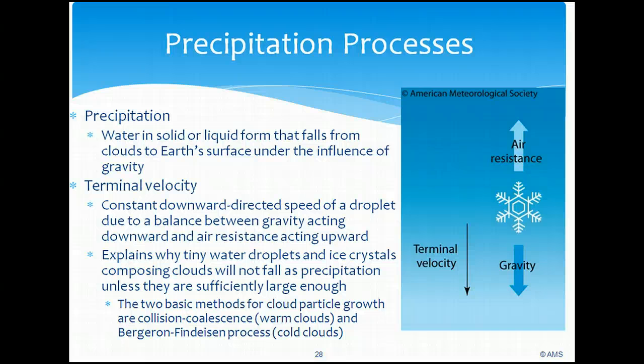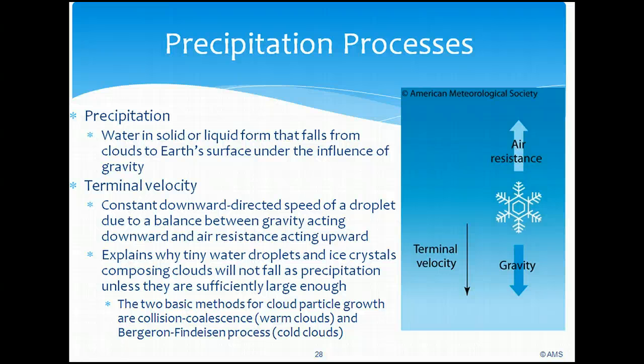Because the downward accelerating particle meets increasing air resistance while gravity remains constant, ultimately there is a situation that develops where the two opposing forces come into balance.